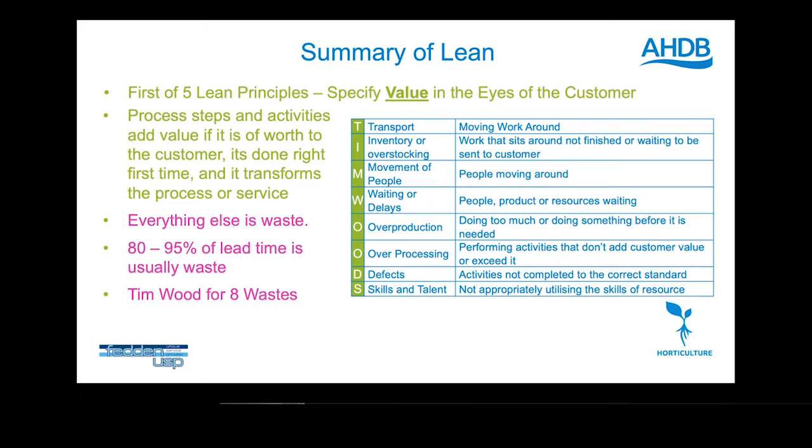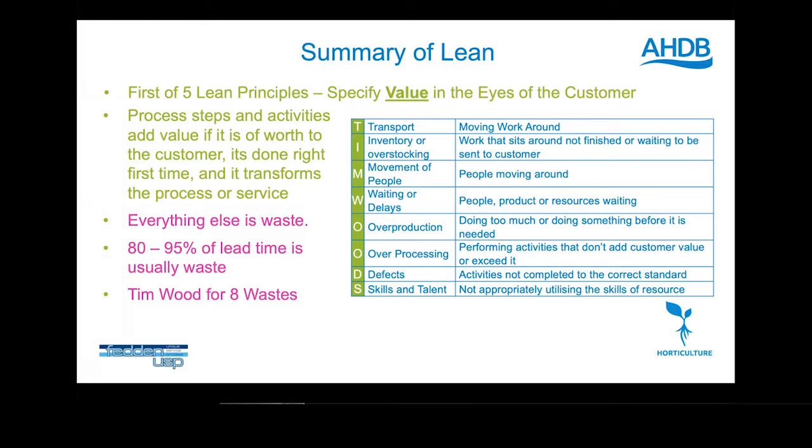There are things that fundamentally the customer is willing to pay for. From that, once we've defined the value, that helps us then in defining the non-value add, and we spent quite a bit of time talking about Tim Woods or 7 waste plus 1, so all the typical types of waste that you can find within a process. We also talked about the fact that when you analyse a process, like what we're going to do with the waste walk, what you typically find is somewhere between 80 to 95% of activities don't actually add any value.